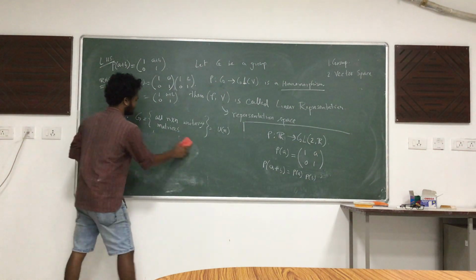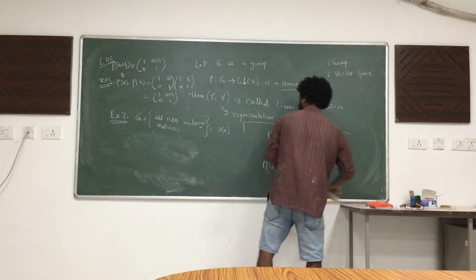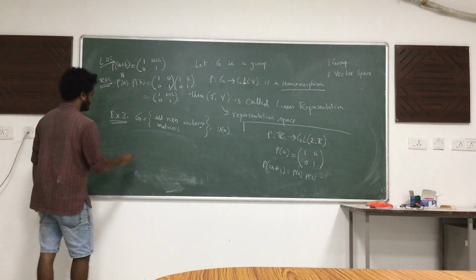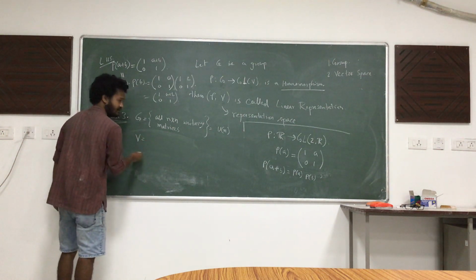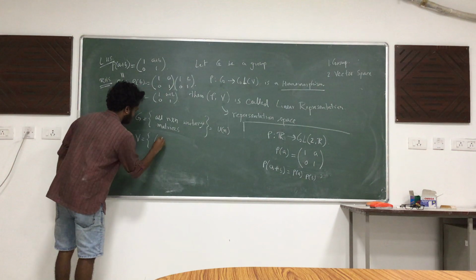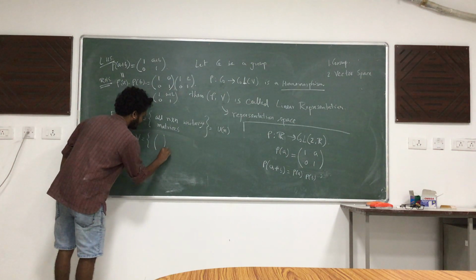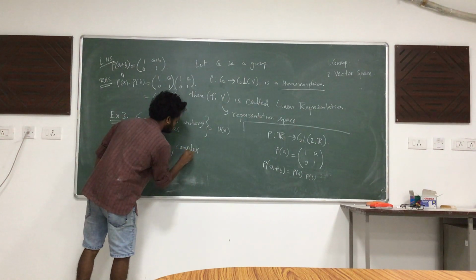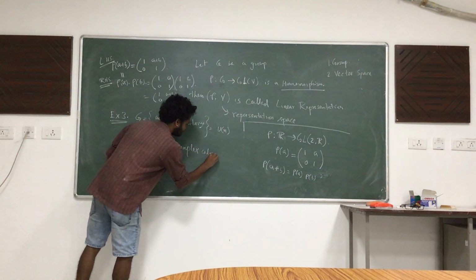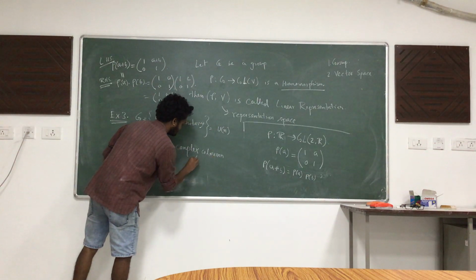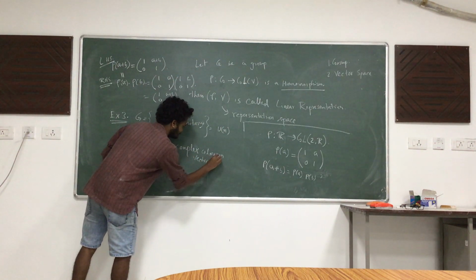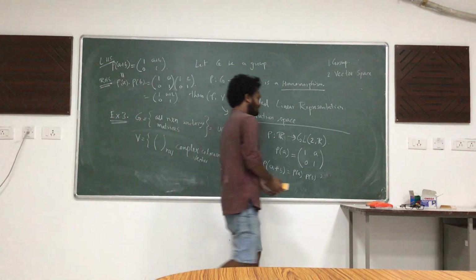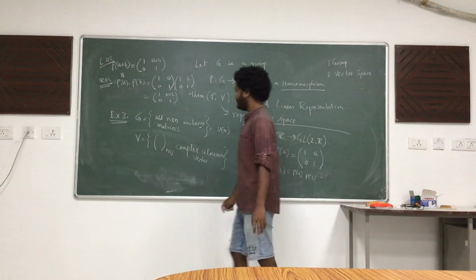So let us take this example, and let us take V to be all n cross 1 complex column vectors. So now we understand.